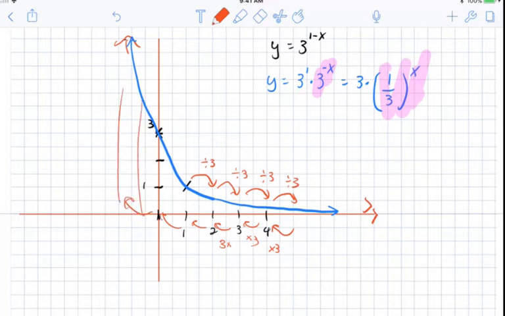So that explains its shape. You don't really need to worry too much about it because the 2-point explanation for how to sketch a graph works for these. Let's try another one, and then I want to explain something really cool to you.